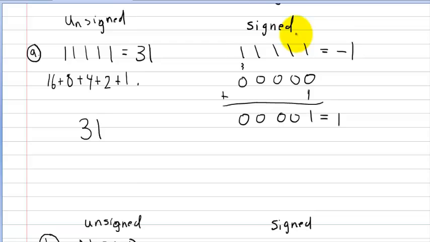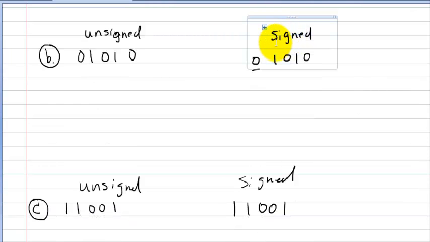Let's go on to B now. Here's B, unsigned. The first value is 0, but since it's unsigned, it's included in the sum. Let's add this up: 0 plus 2, and this is 1, 2, 4, 8, so this is 8. So this value is 10.